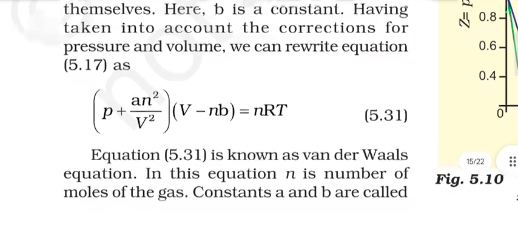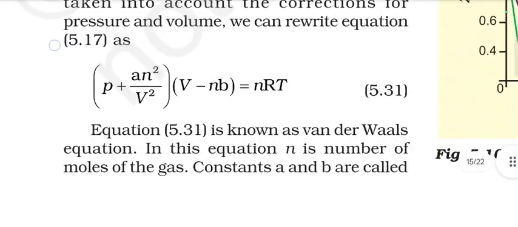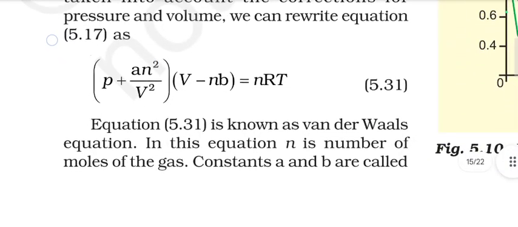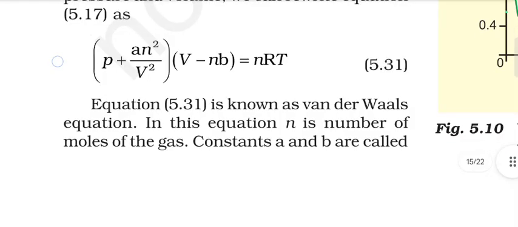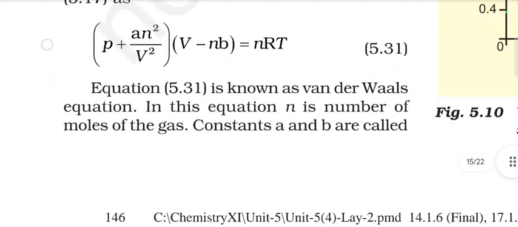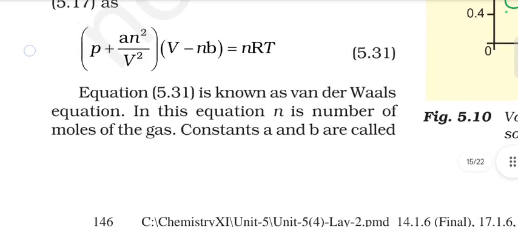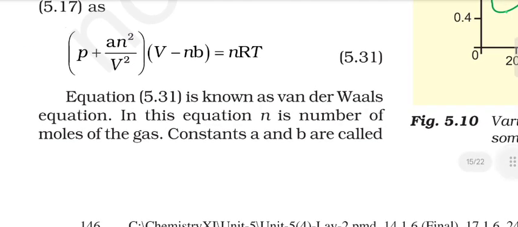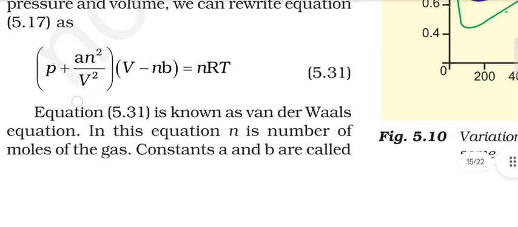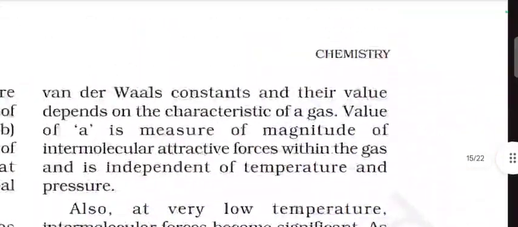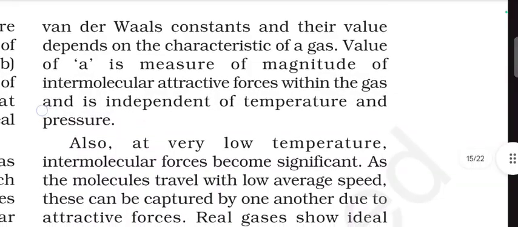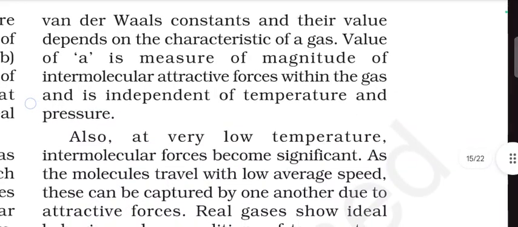We can rewrite the equation as (P plus an square upon V square)(V minus nb) is equal to nRT. Equation 5.31 is known as van der Waals equation. In this equation, n is the number of moles of gas. Constants a and b are called van der Waals constants and their value depends on the characteristic of a gas.